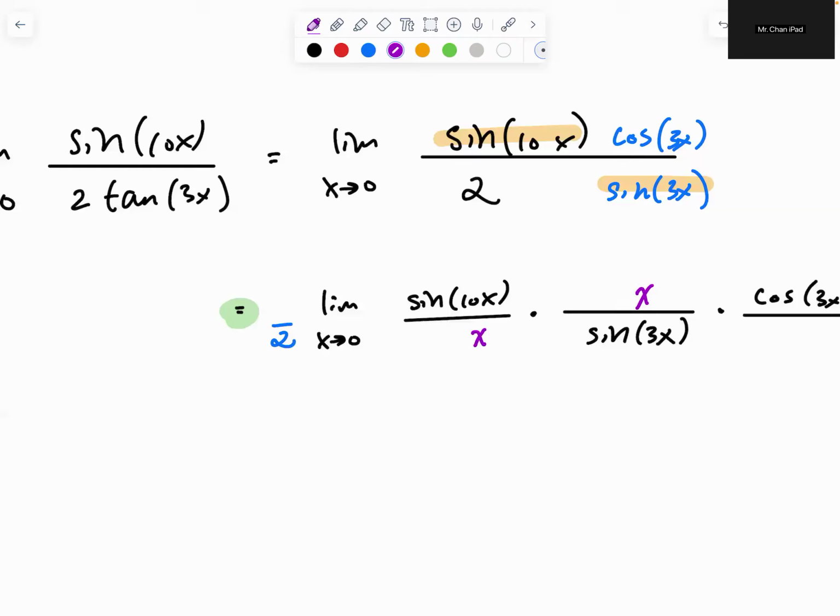But how would you get 10x if it's just x? We're on the path to 10x, but first we need an x. Yes, we will need a 10 as well. So put a 10 right here. But we will also need a 10 in the numerator. No problem. 10 over 10, x over x. Now, can you see the first fraction being very nice?